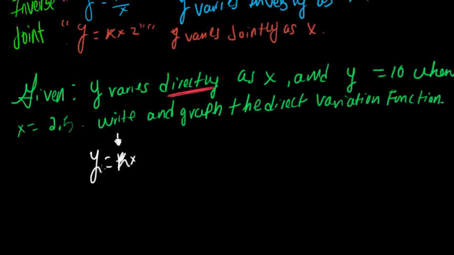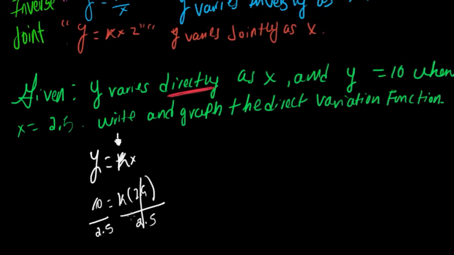Let's use the information given to figure out what k is. When y is 10, x is 2.5, so 10 equals k times 2.5. We divide both sides by 2.5 to solve for k and find our constant of variation.